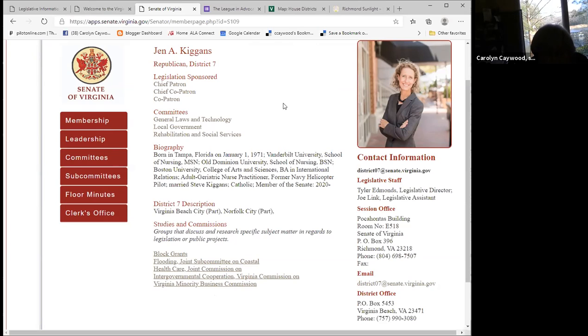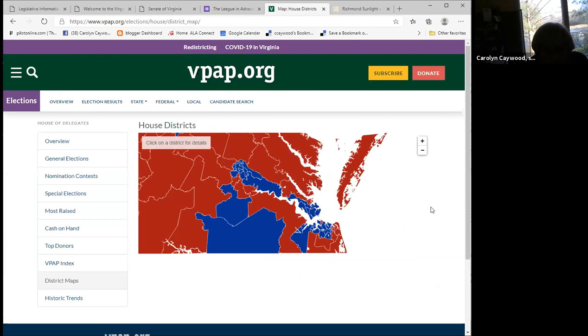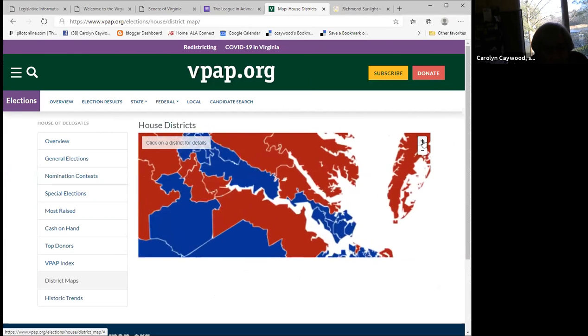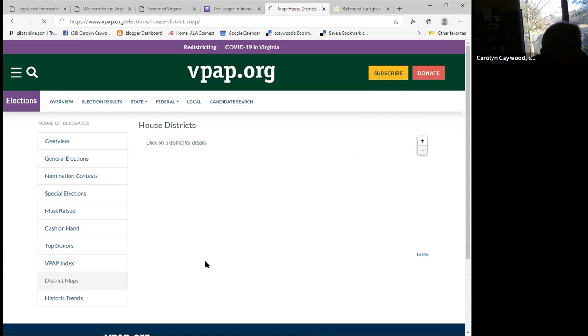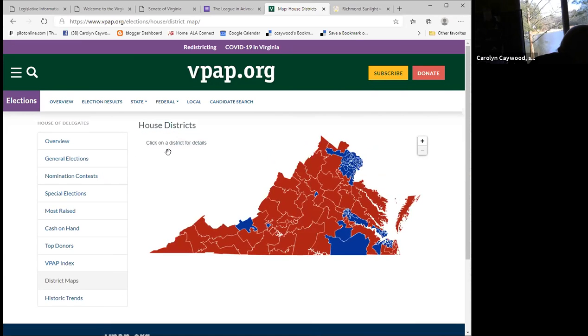My go-to for a district map is the Virginia Public Access Project. Well, there's our house. I want Senate. Doesn't look like it wants to give me some.